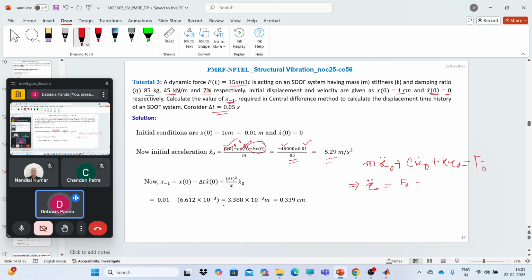Now we can easily solve this for x minus 1. It's nothing but the initial displacement minus del t of initial velocity plus del t square by 2 initial acceleration. Put all these values and recheck the calculation whether you are getting the value 0.339 centimeter or not. Can you please recheck?